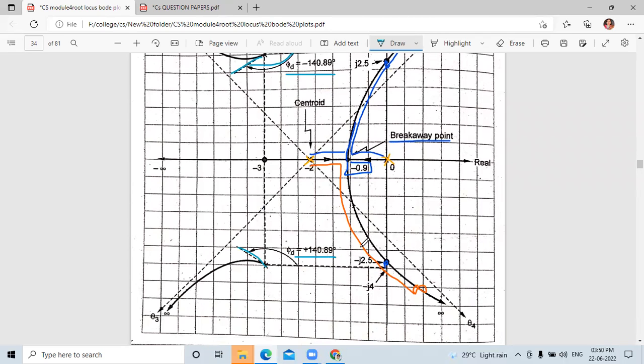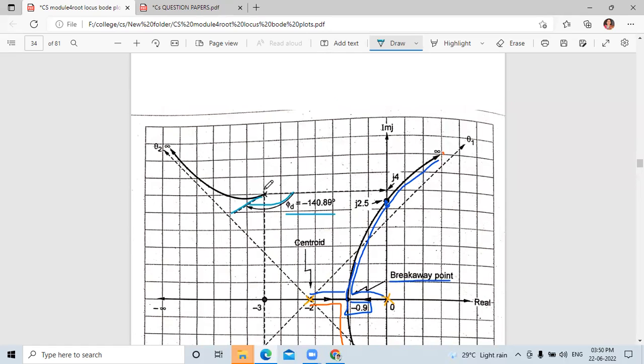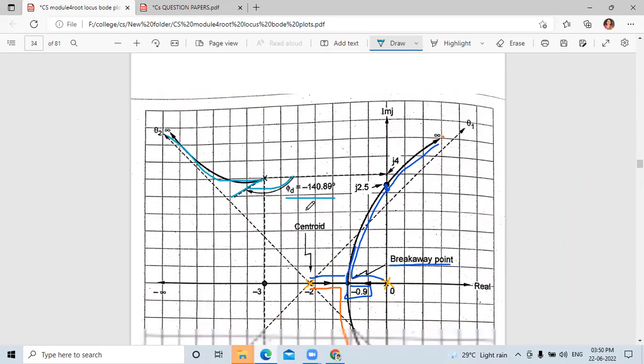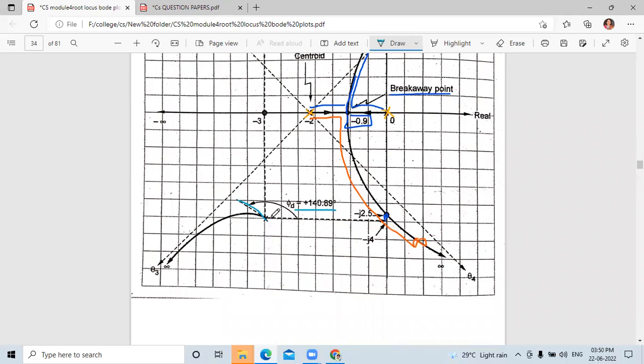So this root locus will flow like this and terminate at infinity. Similarly here, for minus 3 plus j4, it will flow like this and go to infinity.